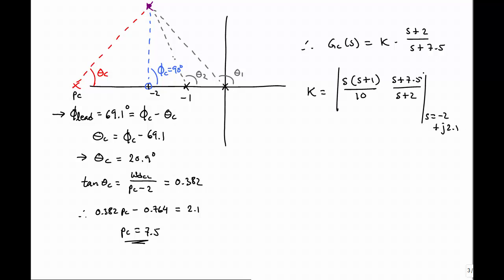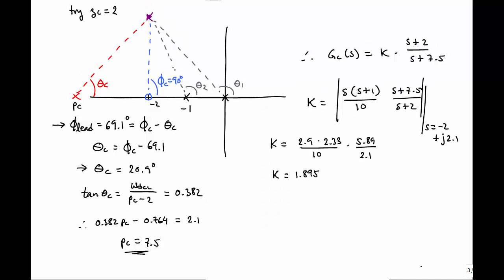So this is the magnitude of all of this. So I'll pause the video and calculate this. Okay, I've calculated K, and we need a gain of 1.895. So our compensator becomes 1.895 times s plus 2 over s plus 7.5.